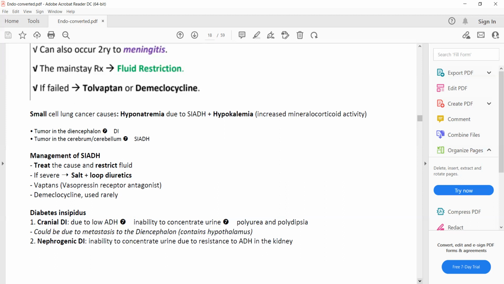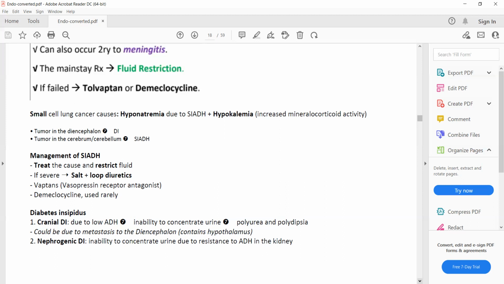So in SIADH, there is excessive ADH secretion, and ADH is a water-loving hormone. So all the problems will arise due to excessive absorption of water. Low plasma osmolality due to high water in plasma, and high urine osmolality because of low water in urine.